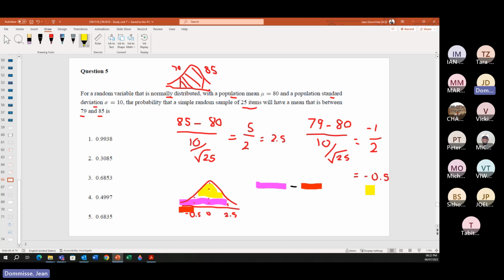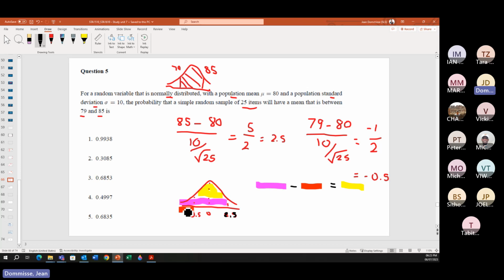that will give us the yellow that we had originally. So this is how I would do it: let's get that whole area. The whole area that is less than 2.5, we can get from the positive table.